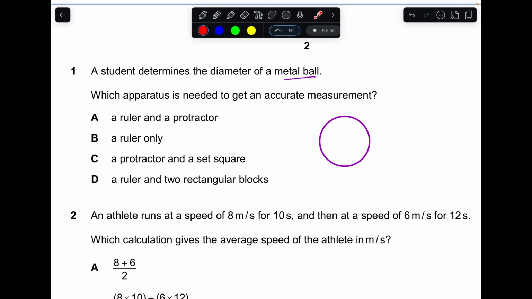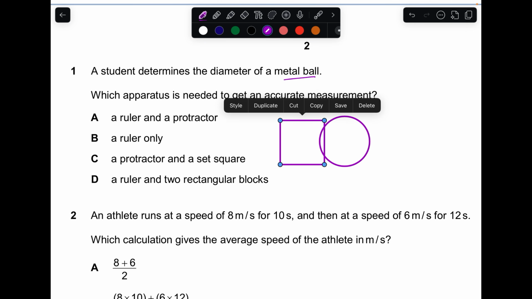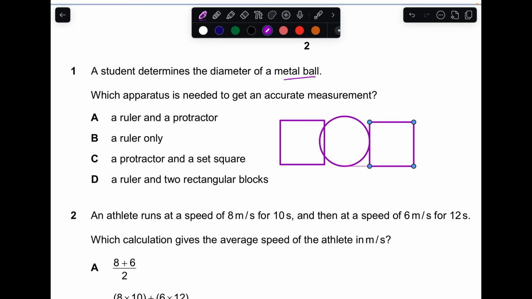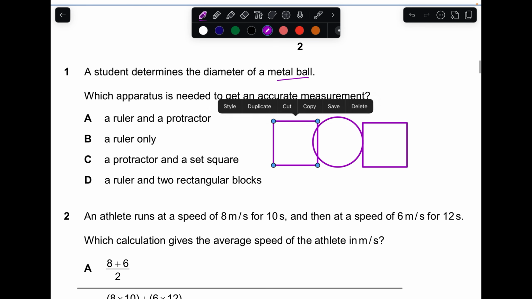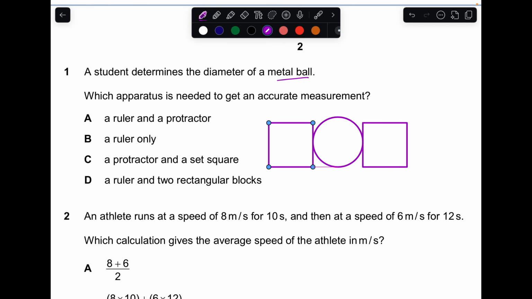So what we use, the common technique, is we use set squares. A set square is a rectangular object like this. One set square will be placed there, one is placed there, and there should be a scale.